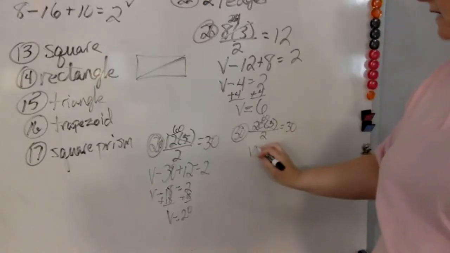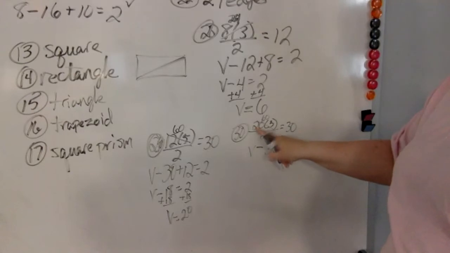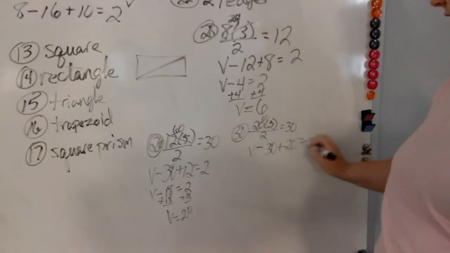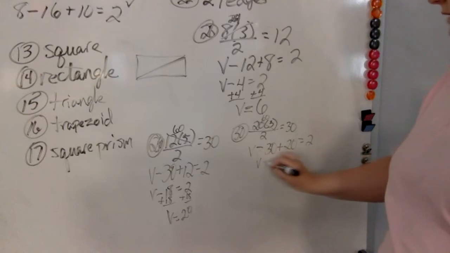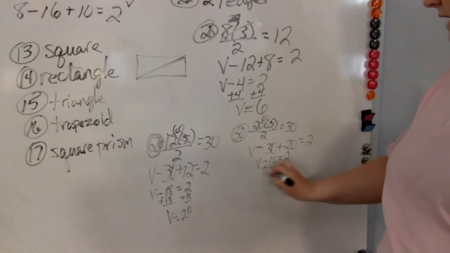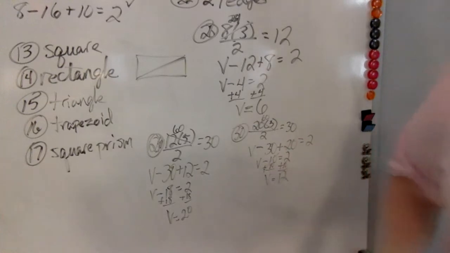So I have vertices minus 30 plus 20, because there were 20 faces, is equal to 2. So negative 30 plus 20 is negative 10. I have subtraction, so I'll get rid of it by adding. So the number of vertices would be 12.